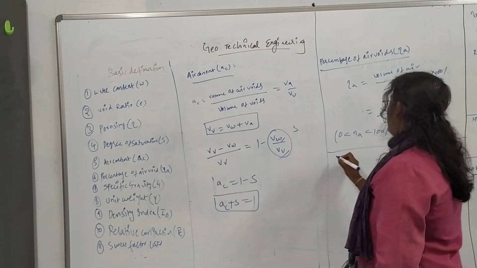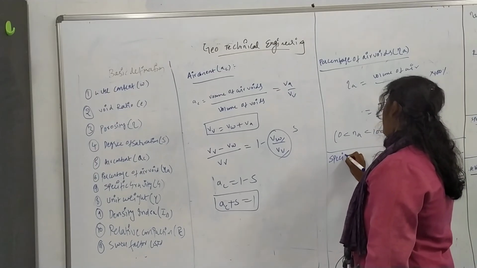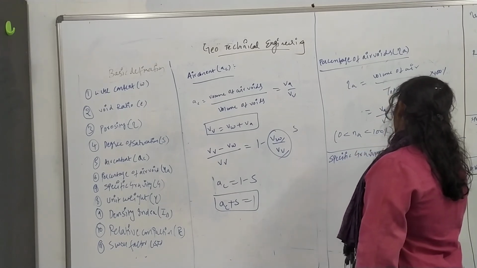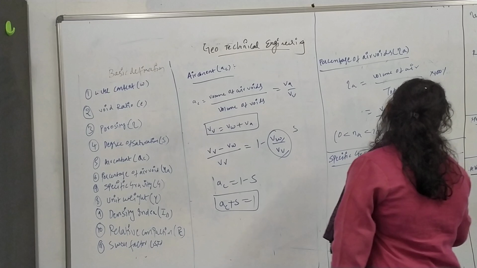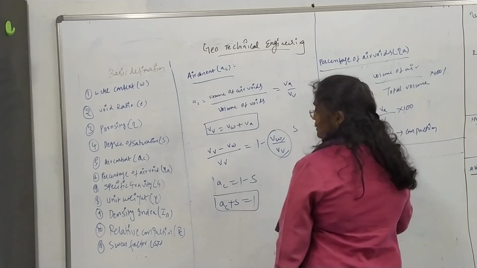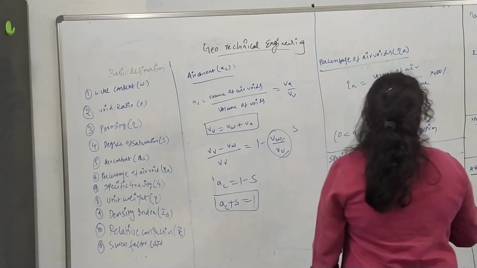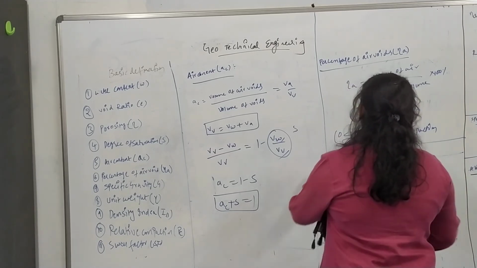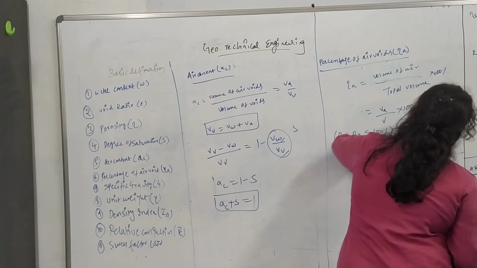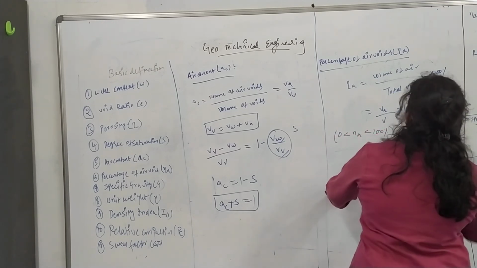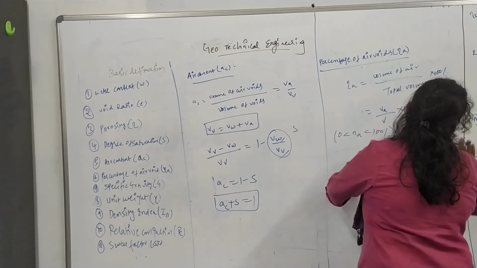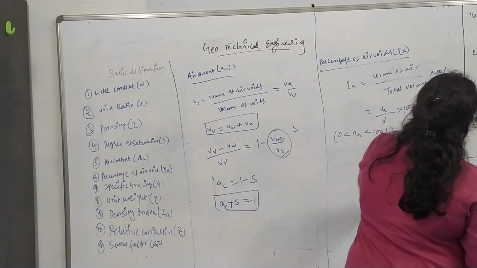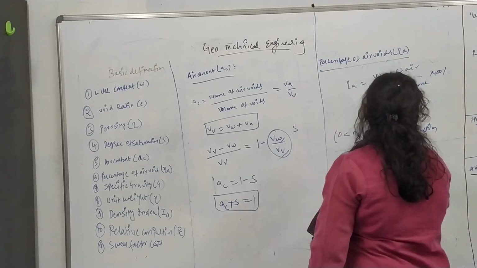Next one is the specific gravity. I think you guys have heard this one in many terms; it is represented with G. But before that, I will tell you the relation between percentage of air voids and air content.